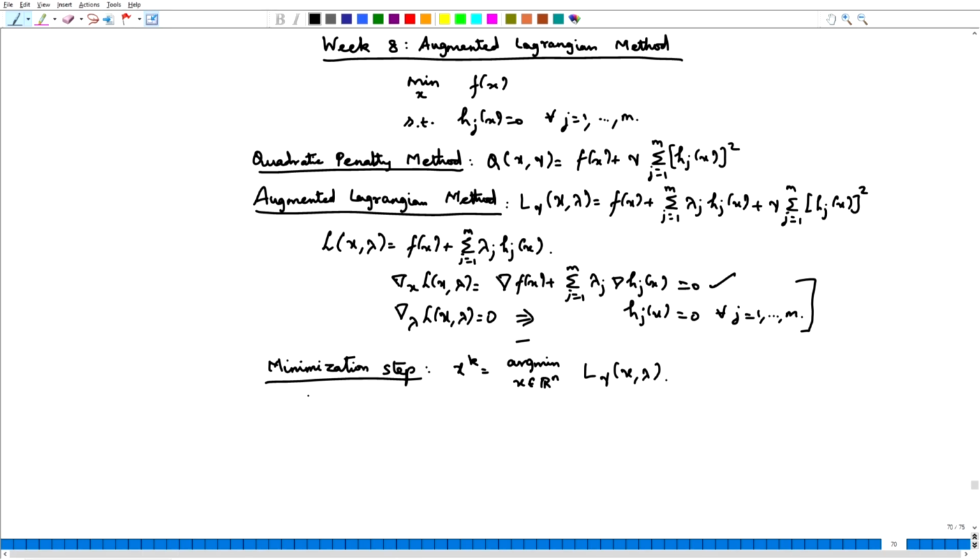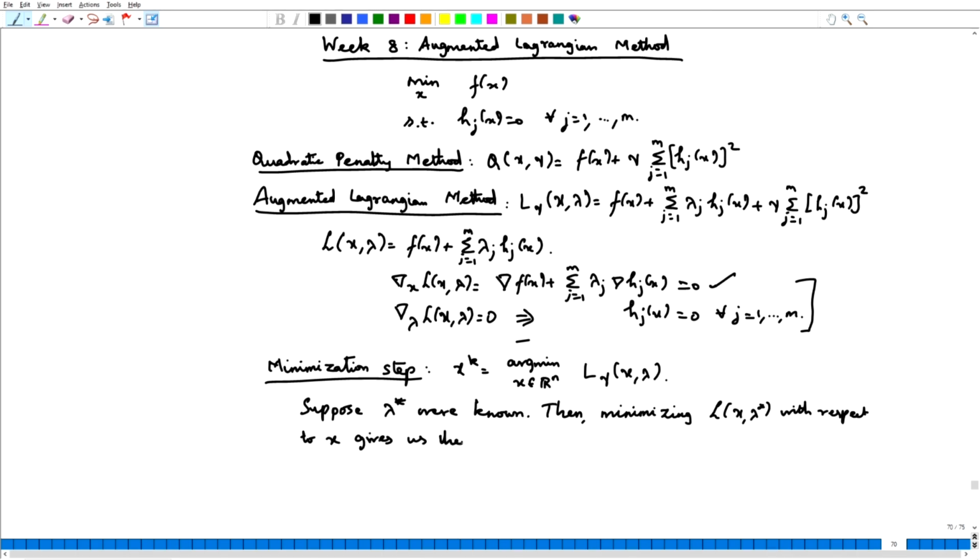So, suppose lambda star were known, then minimizing the Lagrangian with respect to x gives us the critical points.